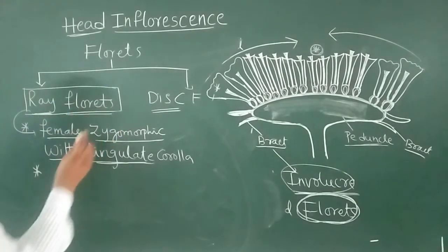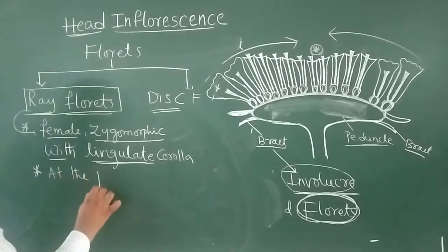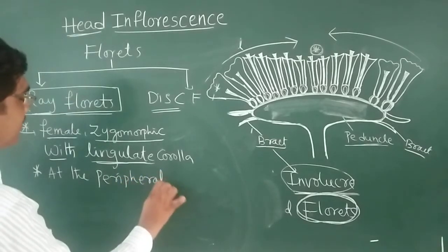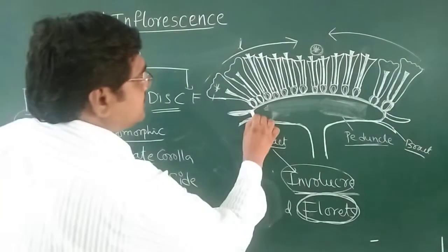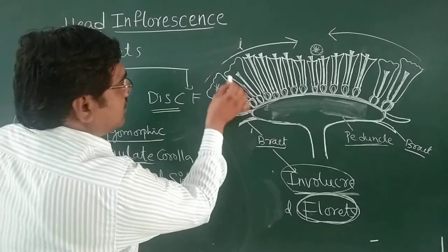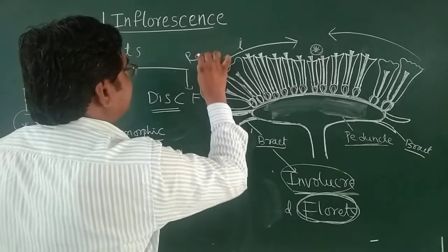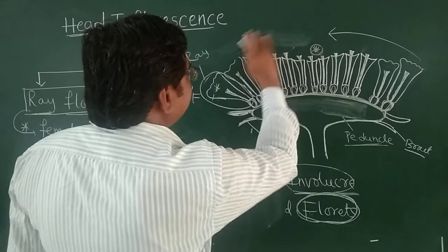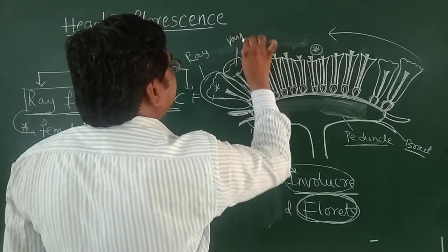So where are the ray florets on the condensed peduncle? The ray florets are present at the peripheral side of the condensed peduncle. So here this is the condensed peduncle, and these are ray florets. This is a ray floret, and this one is also a ray floret.